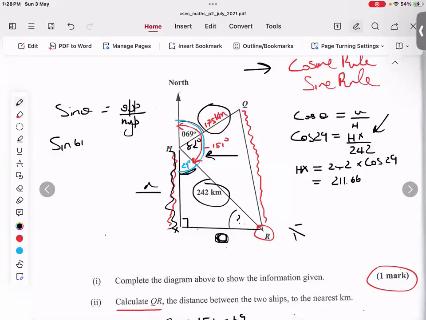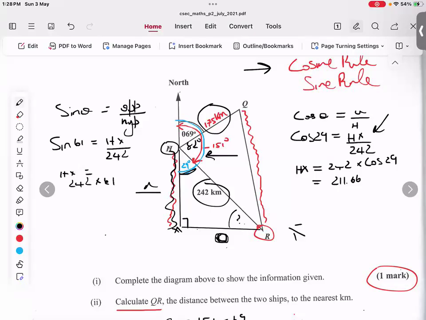So if you sine 61 and put the opposite this time, which is the side you're trying to find, hx, over 242, then you'll see that hx is equal to 242 times sine 61.